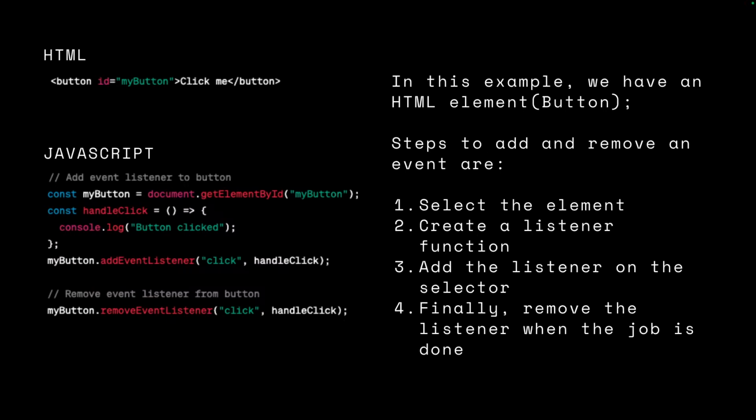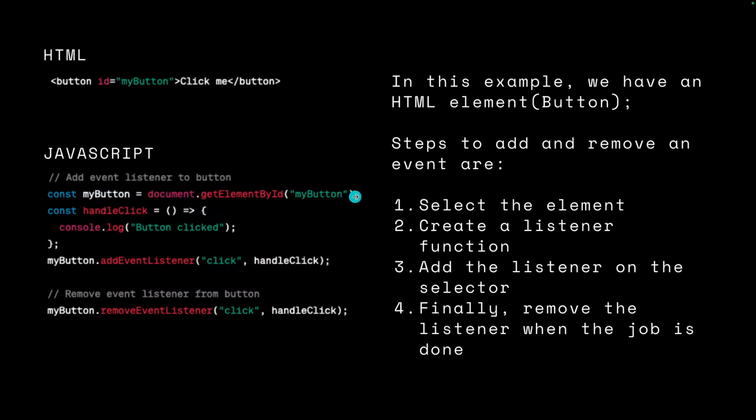What do I mean by that? It's a tree of elements, the structure of elements in an HTML page, as you have seen in my previous sessions. Now JavaScript has access to that DOM tree, and it can select a particular element.